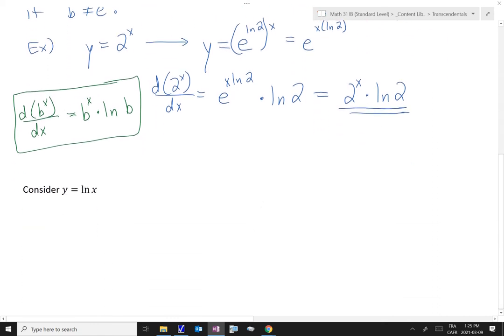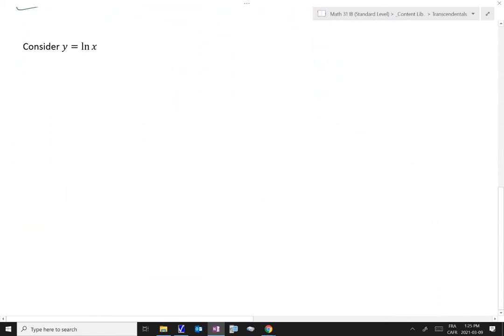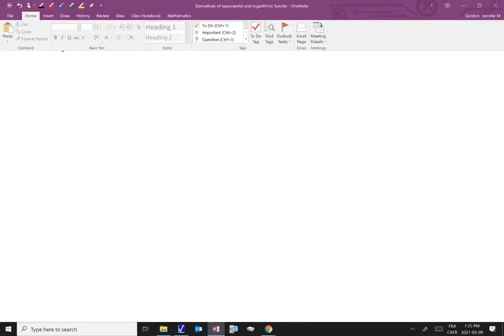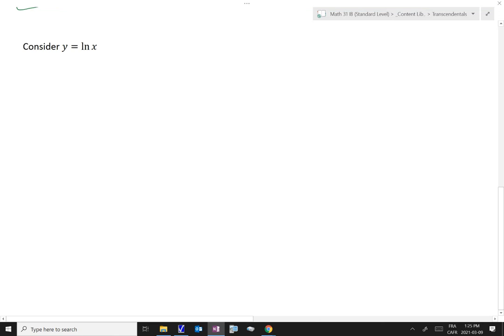All right, now knowing that information, we can figure out what the derivative of ln x is without having to go to first principles, because we can rewrite this function as e to the power of y equals x. Just rearranging this logarithmic equation into exponential form, which I can now differentiate implicitly.